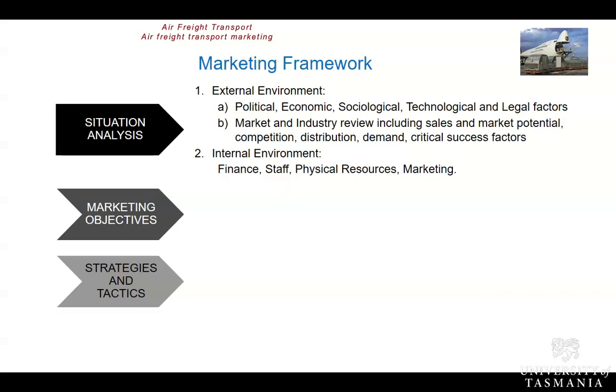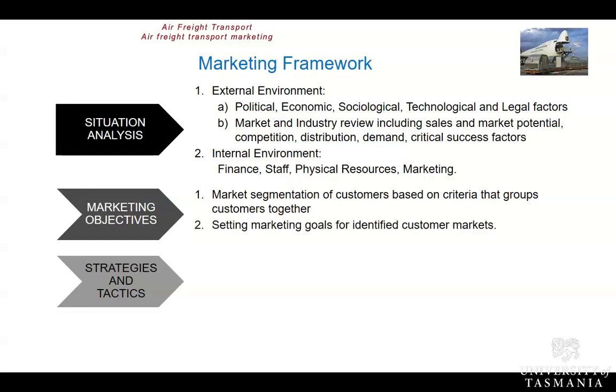And the reason why you're actually doing this is to put you in a good position to make strategic decisions for your organisation. Once you've done that research, you're in a position to make some decisions about the customers that you think are appropriate for your particular products. So you're going to undertake a market segmentation, putting customers into groups, and then you're going to set some goals for yourself against each of those customer groups.